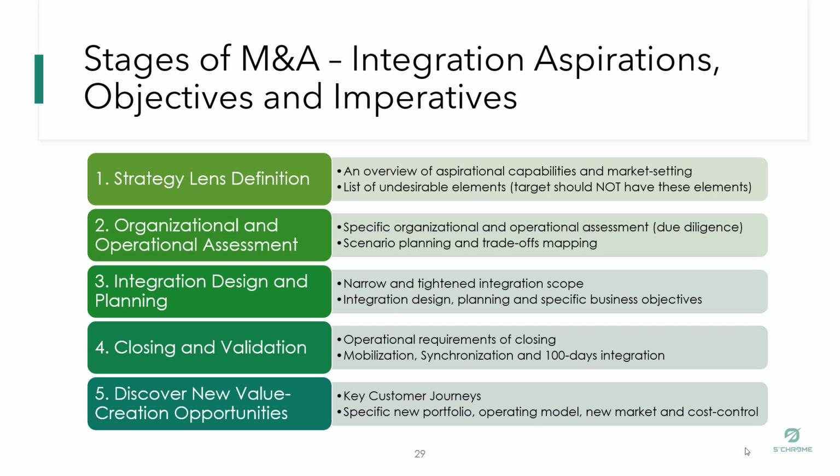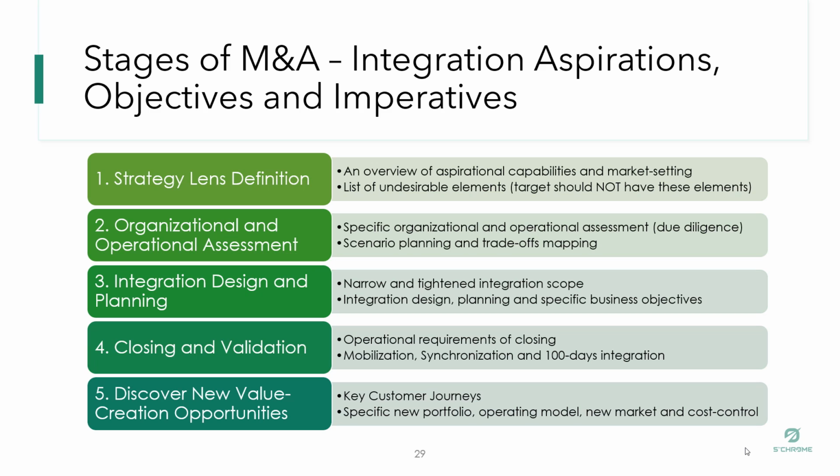Very few organizations actually end up validating many of the assumptions that were made during due diligence, and that is a recipe for disaster. So it is important that when closing and validation takes place, organizations go over all the assumptions that were made during the actual deal sourcing.